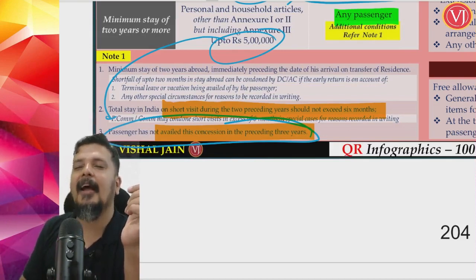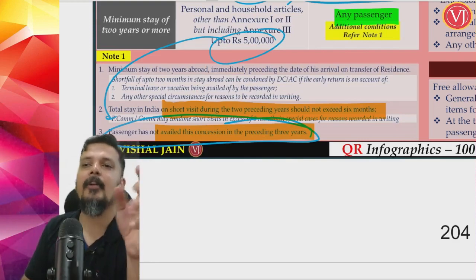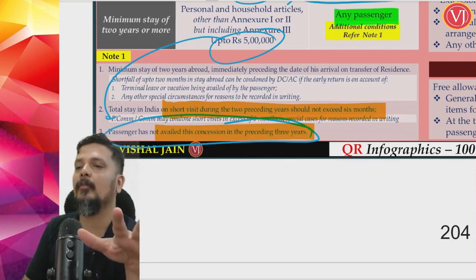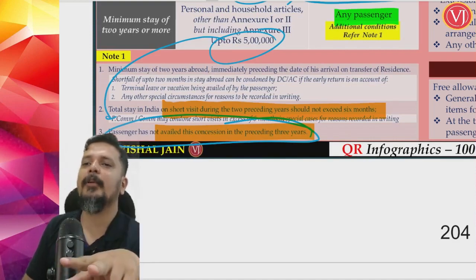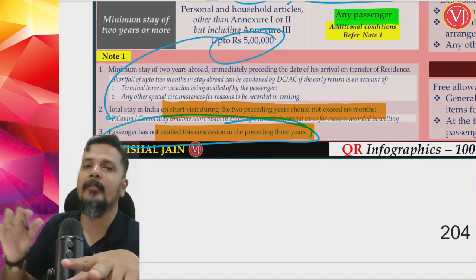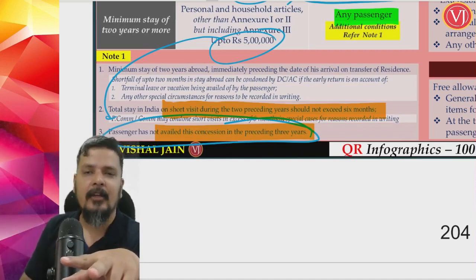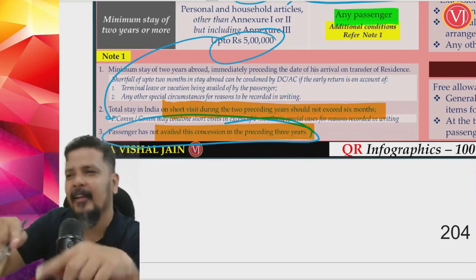But understand, at times, you may not fulfill both. I'll give you an example. Your stay in USA was more than 10 years. But during the last 2 years, you are in a dilemma whether to permanently come back to India because of your family situation. So you kept coming to India, stayed in India, went back, stayed in India, went back.